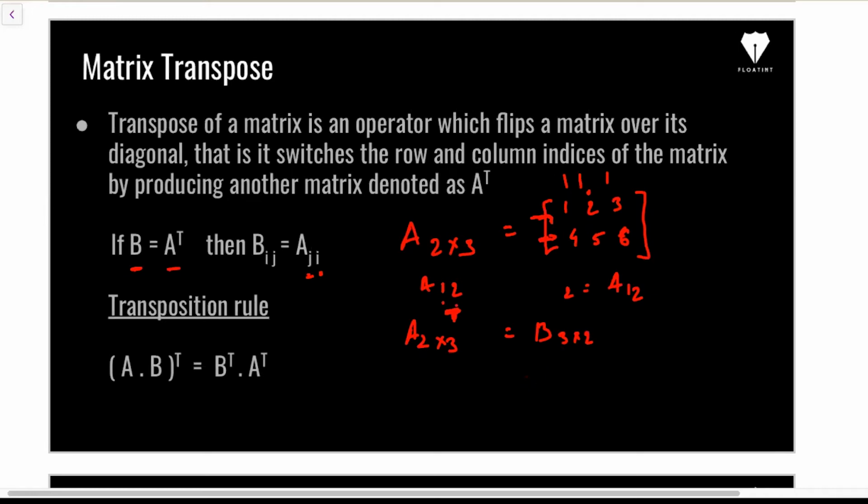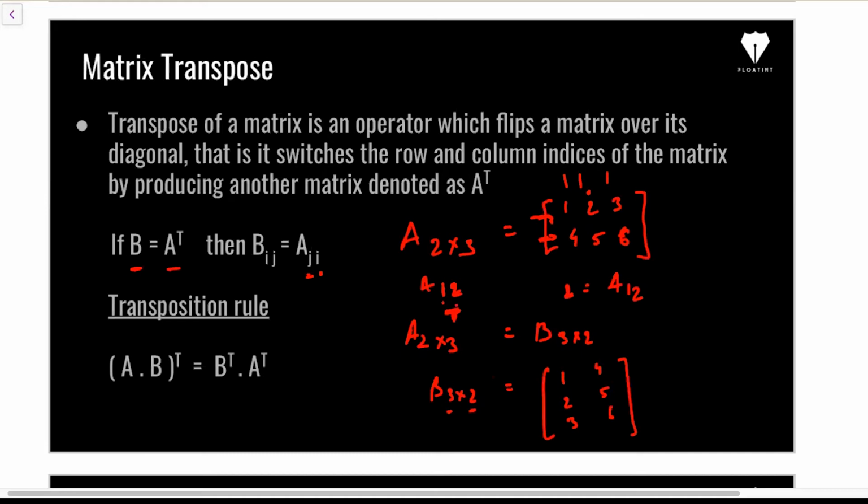It means each element, this element 1, 2 here, will now convert; the 2 will now go to 2, 1. So how will it happen? The B matrix will be 3 cross 2, right? Now it has 3 rows and 2 columns. So it will be something like this, right?